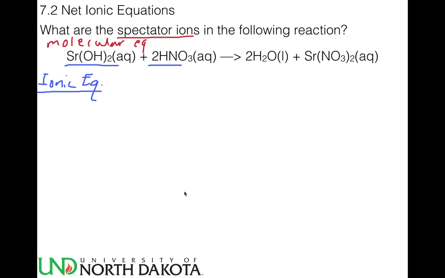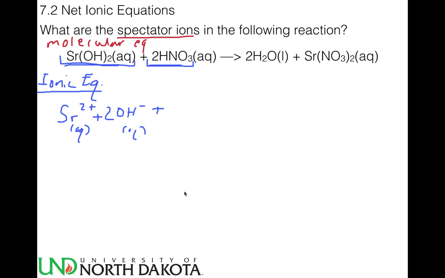Our ionic equation will be the following. Looking at strontium hydroxide, we see an aqueous compound. That means that strontium will be a 2 plus aqueous ion, and we'll also have 2 aqueous hydroxide ions. We'll also get from nitric acid here. We'll learn more about acids in our next video, but what an acid does is it dissociates into hydrogen ions.